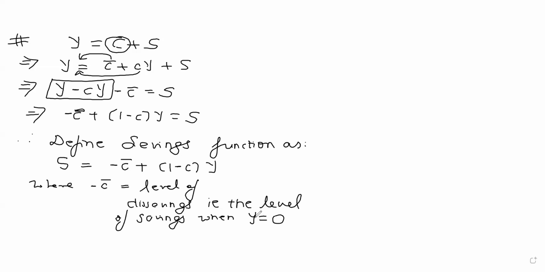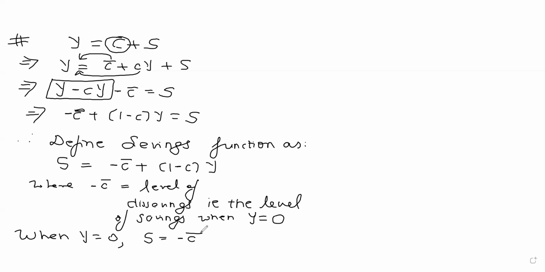Remember, C bar was autonomous consumption, which means the level of consumption when your income is 0. Corresponding to that, minus C bar is your level of dissavings, which means the level of savings when your income is 0. It means, guys, when your income is 0, your savings is negative. So I can write that when income is 0, savings is minus C bar.